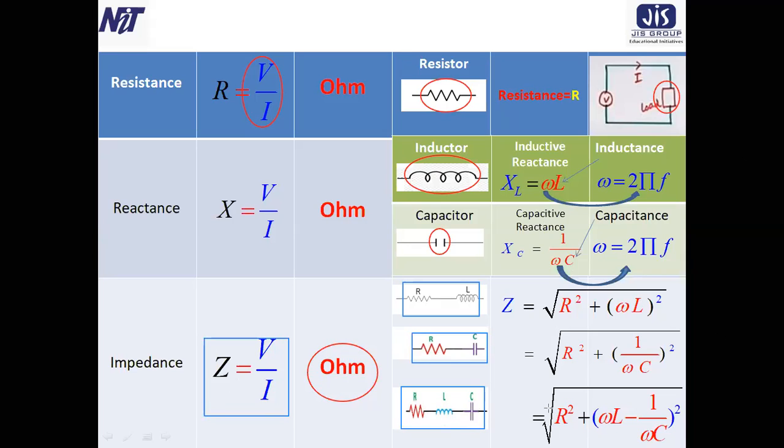That should be the square root of R square plus omega L minus 1 by omega C whole square. So this is the equation of impedance. And here, for all the circuits, I consider all the equations in scalar form.